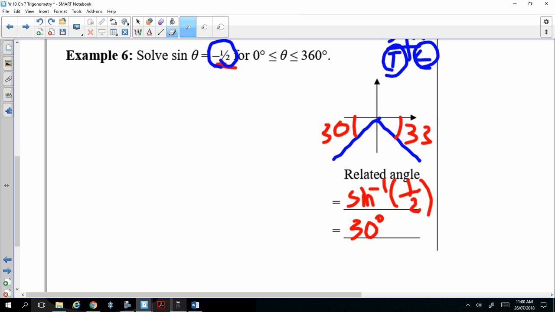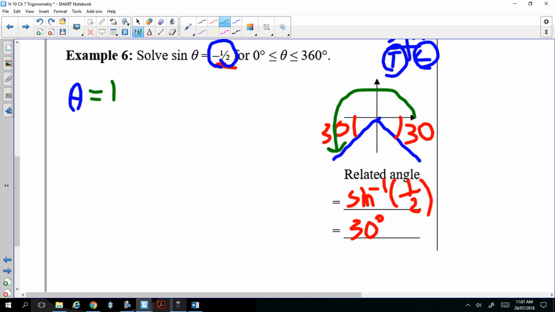All right, now we have to work out theta. Now, to work out theta is quite simple. In the third quadrant, you have to go 180 plus the related angle to get the answer in the third quadrant.